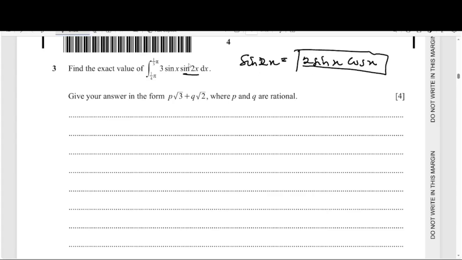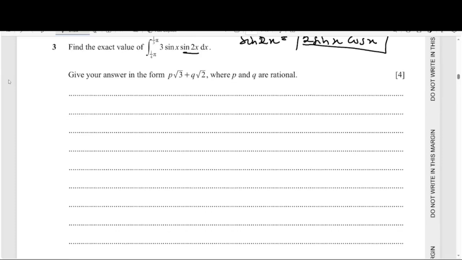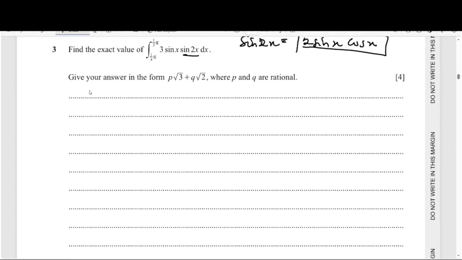So we go back to the question and replace the sine 2x by 2 sine x cos x. We're going to rewrite the question. So the question now becomes the integral of, so here 1/3 pi to 1/4 pi, and then I write a 3 outside since it's a constant. And sine x here, then a sine 2x will be replaced by another sine x, and then cos x, and our dx also comes as well.